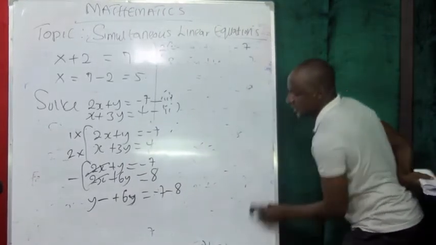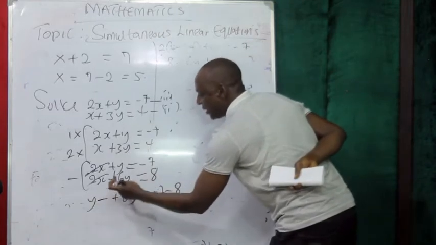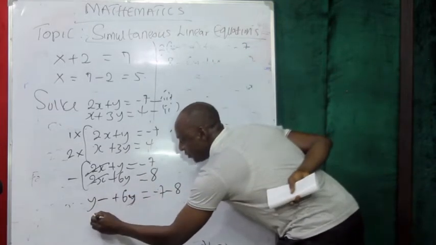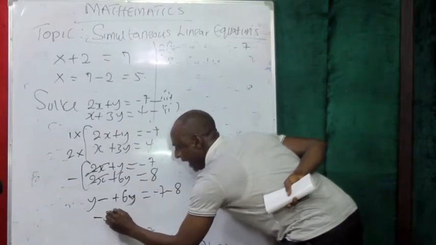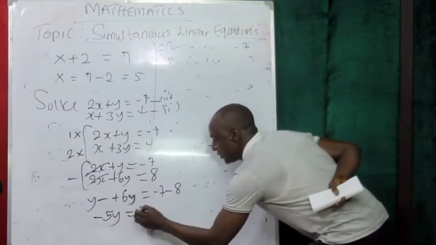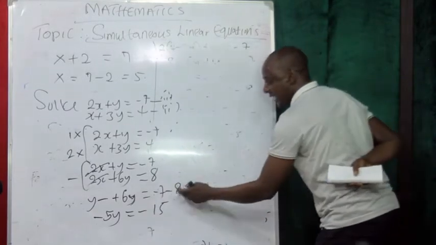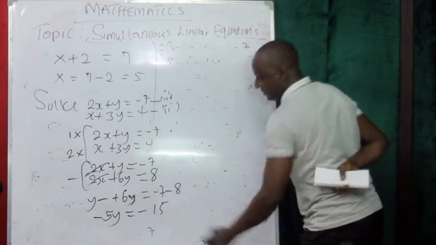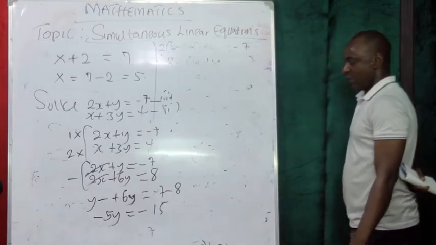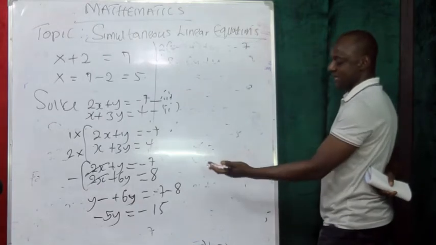Having done that, you now subtract y minus positive 6y, it will give you negative 5y, which is equal to negative 15. That is negative 7 minus 8, it will give you negative 15. For you to obtain your y now, you divide both sides by negative 5.